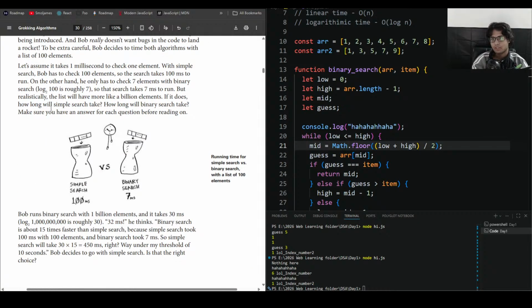Let's assume it takes 1 millisecond to check one element. With simple search, Bob has 100 elements, so the search takes 100 milliseconds to run. On the other hand, he only has to check 7 elements with binary search. Log base 2 of 100 is 7.